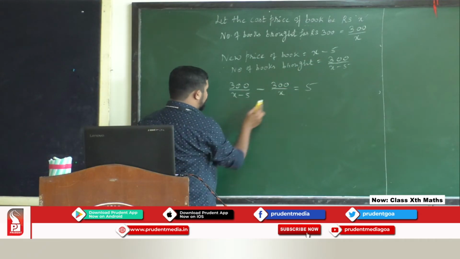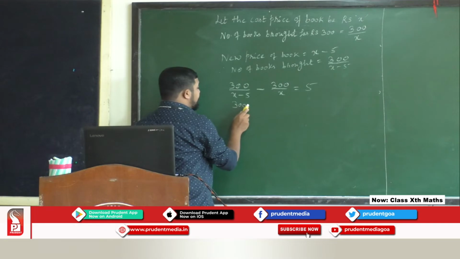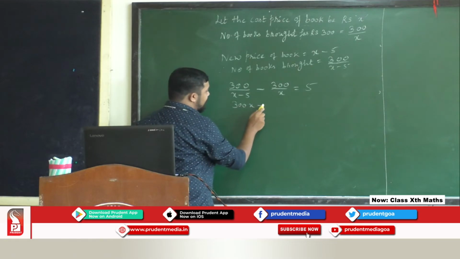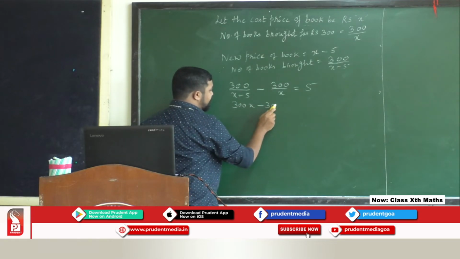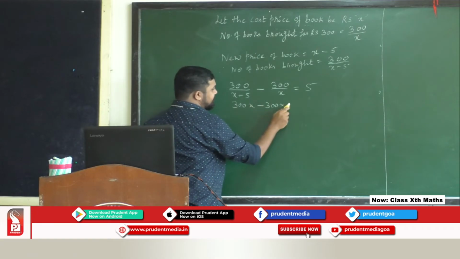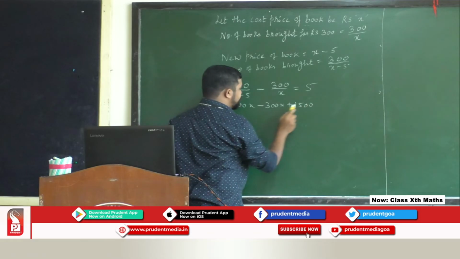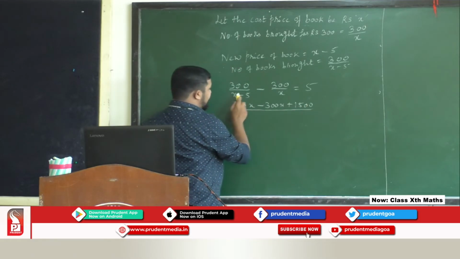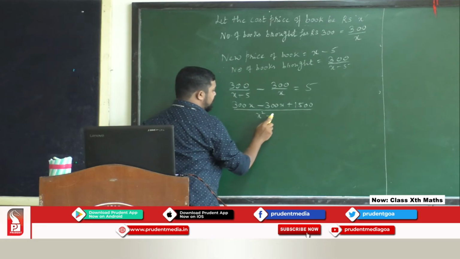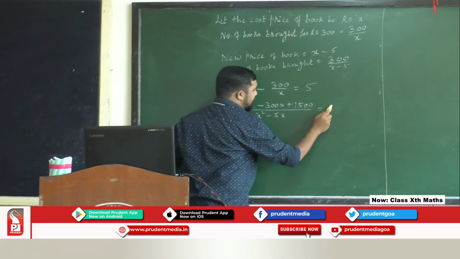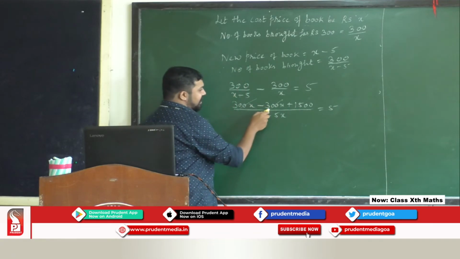Again, do the same way, cross multiplication. 300 into x, 300x minus 300x, minus into minus plus, 3 5s are 15, so 1500. x into x, x square minus 5x. 300x and 300x cancel.